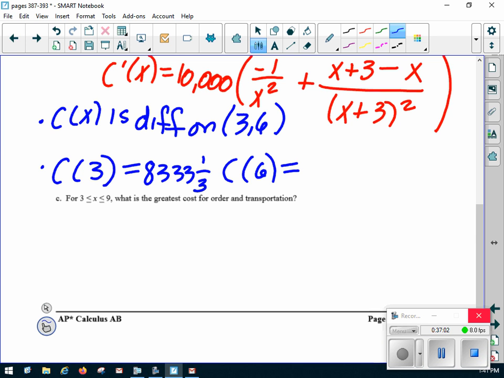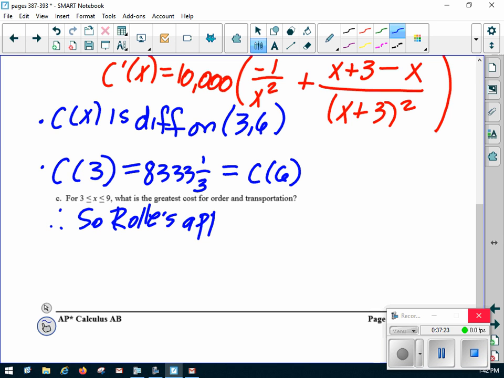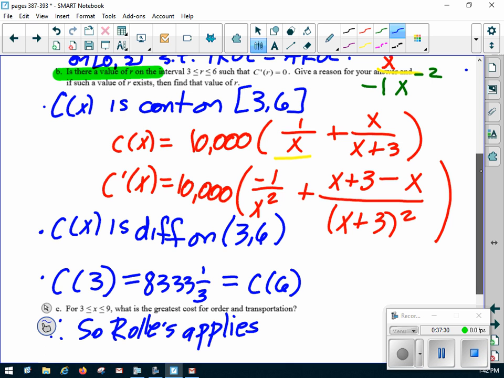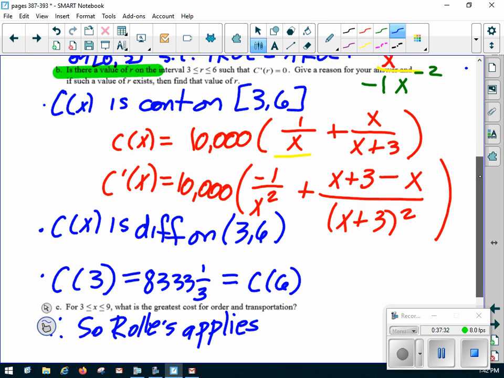And then tell me what C of 6 is. Same thing. Woohoo! So I'm going to rewrite it like this. So Rolle's applies. Did it ask us to find it? Then we got to find it.